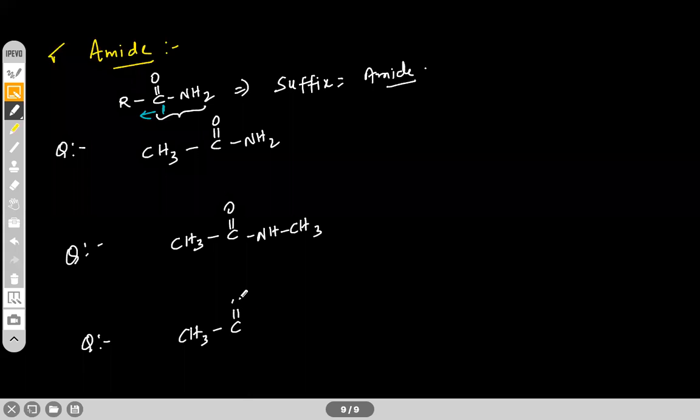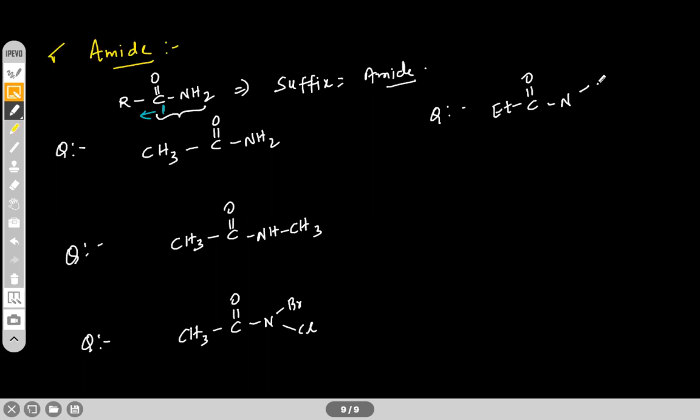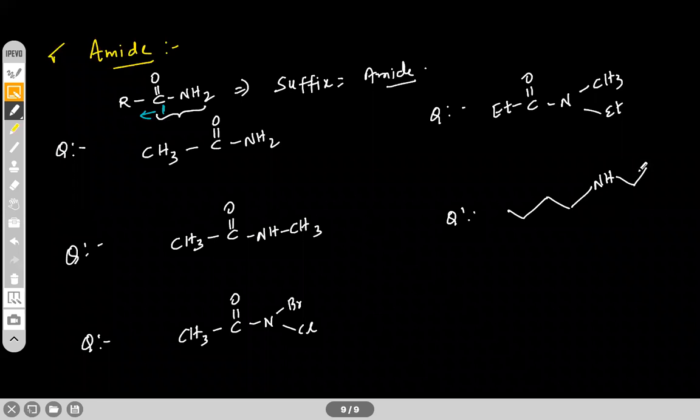C double bond O NBrCl. Et C double bond O NCH3 Et. Double bond O. Try this.